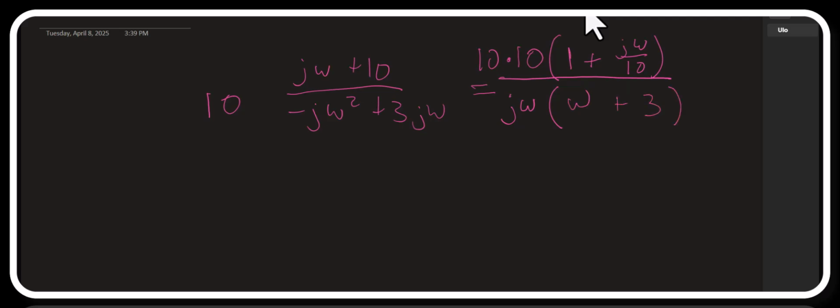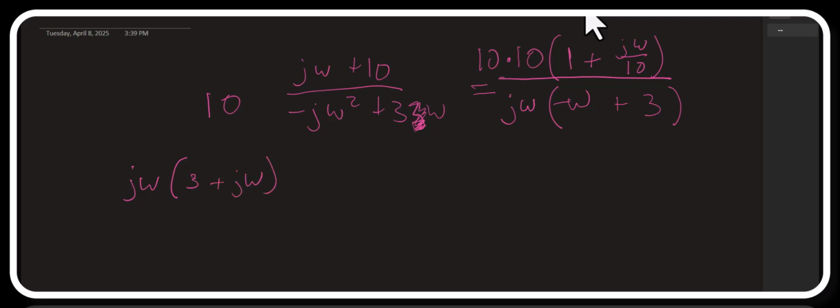I want to end up with j omega times 3 plus j omega.